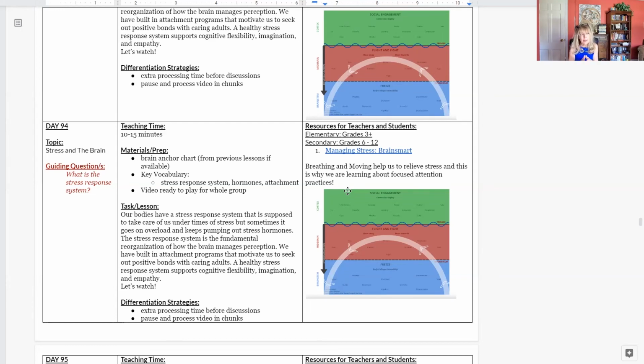But again, I don't want you to think, oh, I can't use this because it says grade 3. I still want you to look through the resources, because sometimes our children and our adolescents might need a version that is a bit younger or a bit more developmentally appropriate to where they are emotionally.